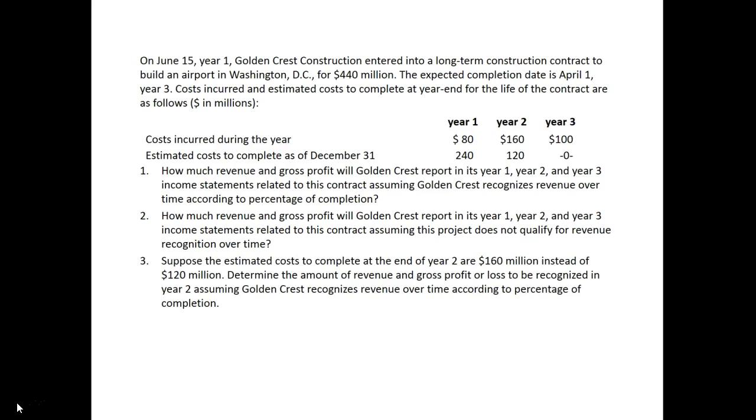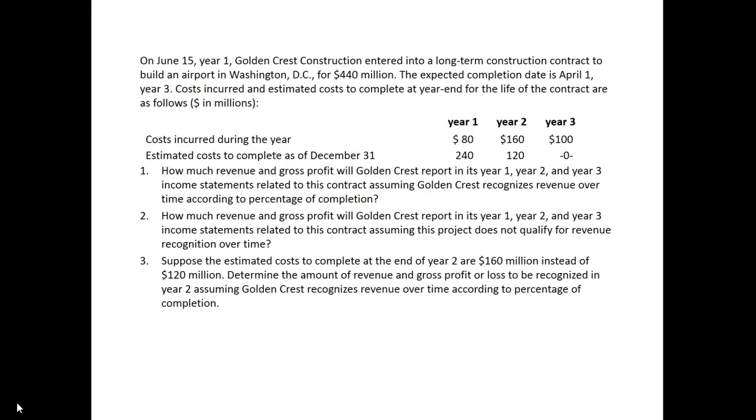Now for 5/18, on June 15th, year 1, Golden Crest Construction enters into a long-term construction contract to build an airport in D.C. for $440 million. The expected completion date is April 1st of year 3.